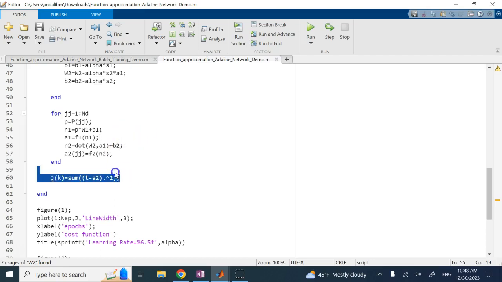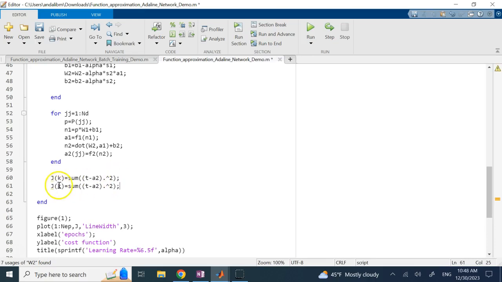That was the part where I calculated the cost function. If you look at my previous video, the way I calculated this cost function was like this. It was J_k, the cost function for the kth epoch, was basically (t2 minus a2) and just squared.